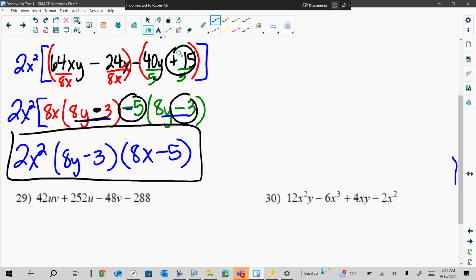So once I see minus, I need it to be the same, but if I just distribute to make sure it gets back to what I had here. Because I knew a negative 5 times a negative 3 would give me that positive 15. So I kind of do reverse FOIL or reverse distributing to make sure it matches.